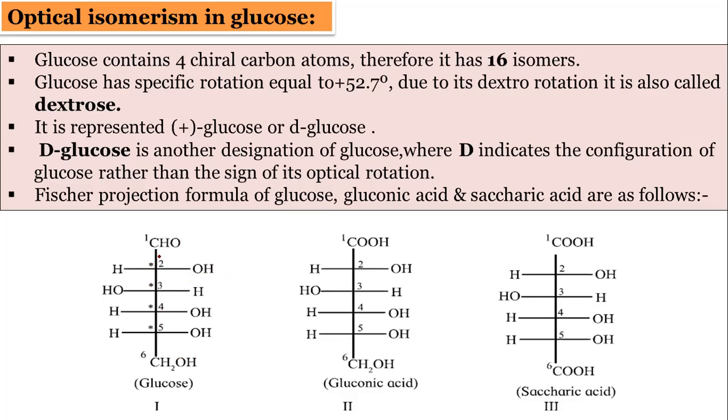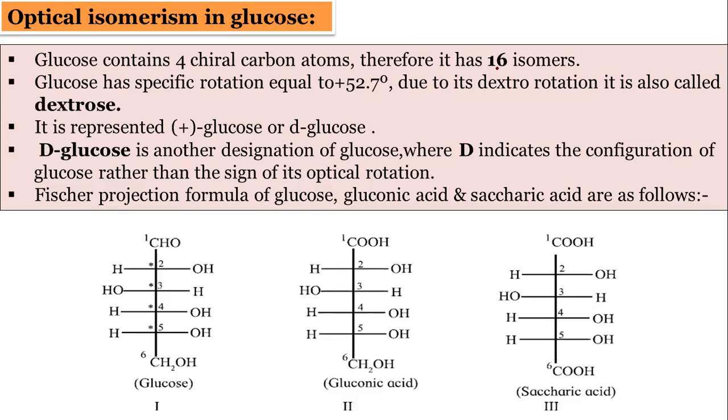Now there is a formula 2 raised to n. 2 raised to n म्हणजे आता इथं किती आहे? 16 isomers. N indicates number of chiral carbon atoms, means 2 raised to 4.